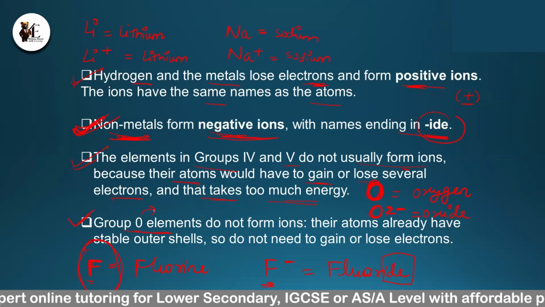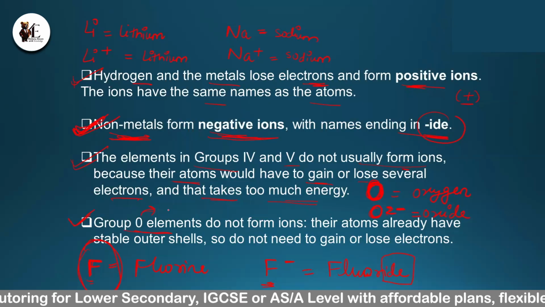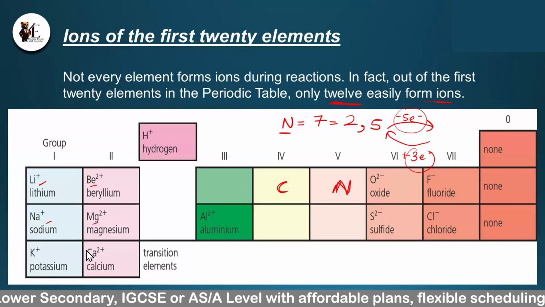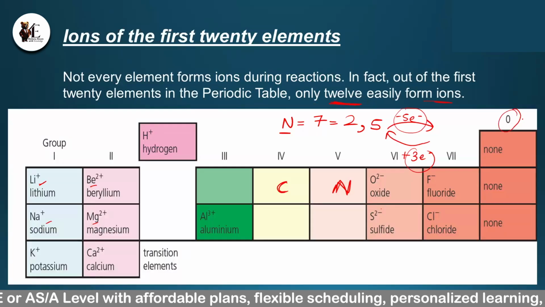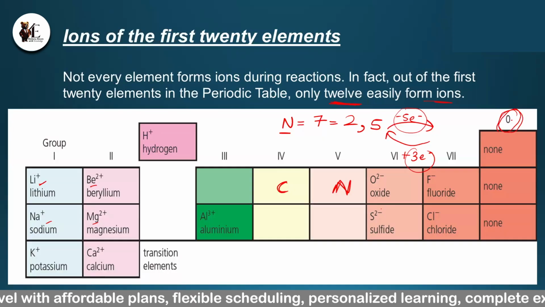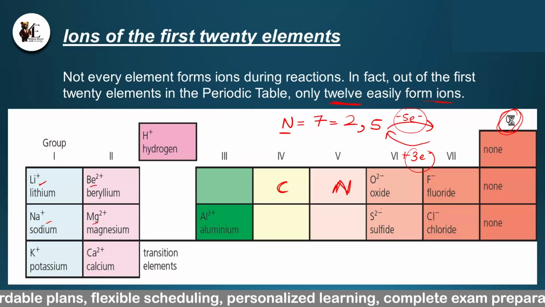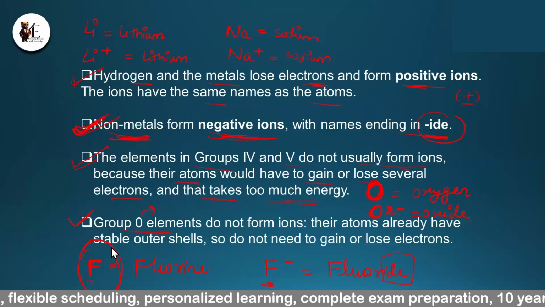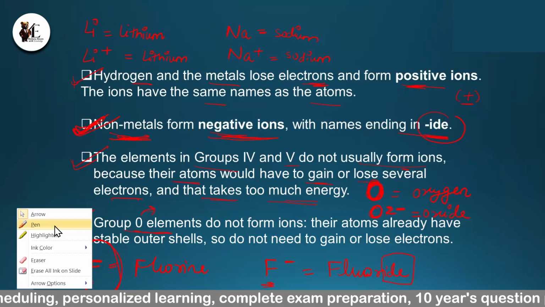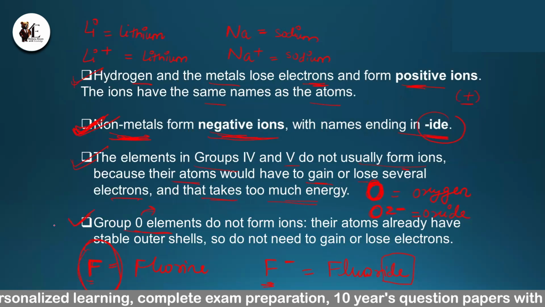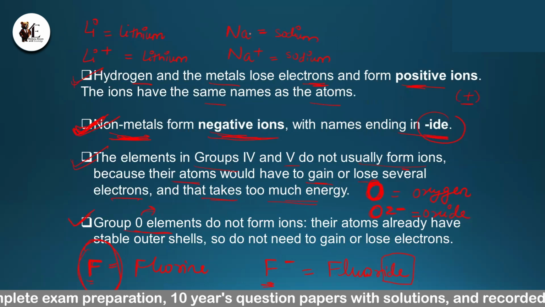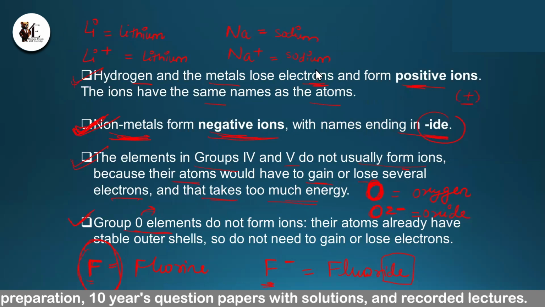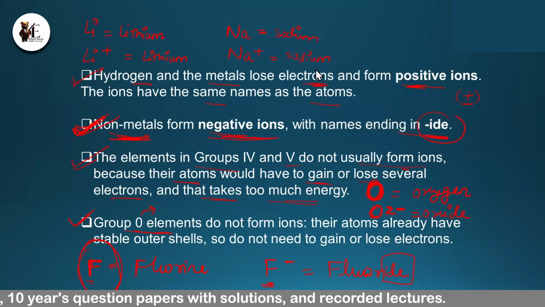What is the name of an element of group 0? This group, group 0. Check in your periodic table. Look at the right hand side.